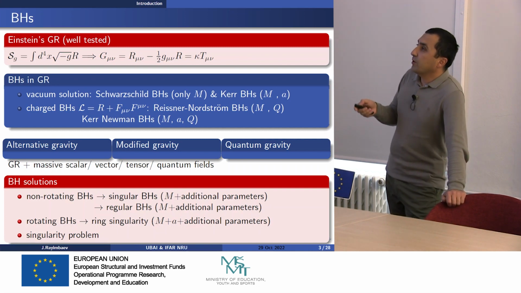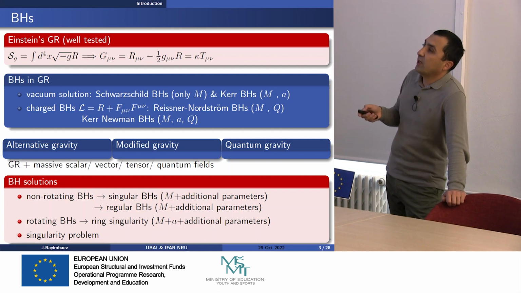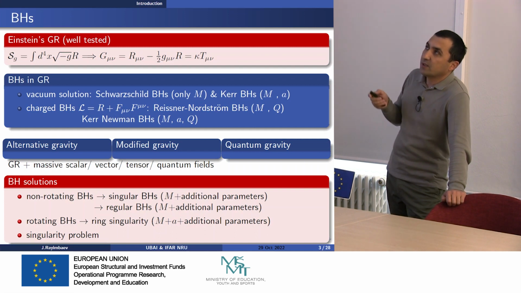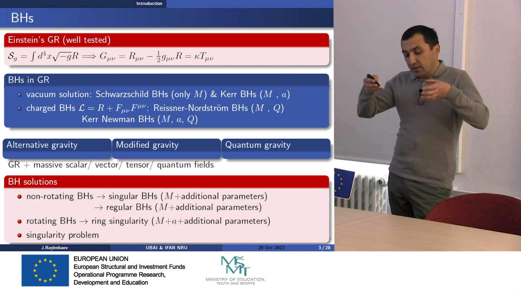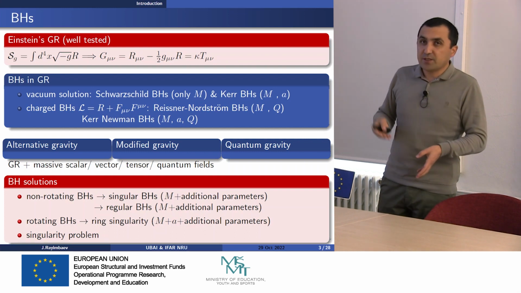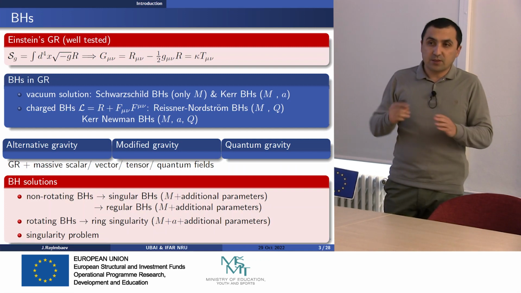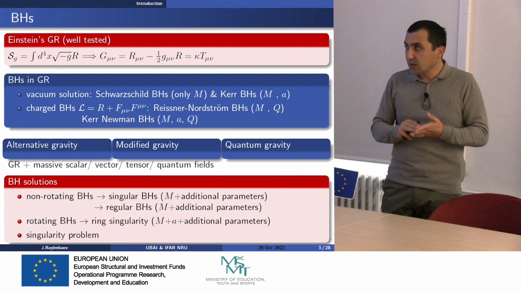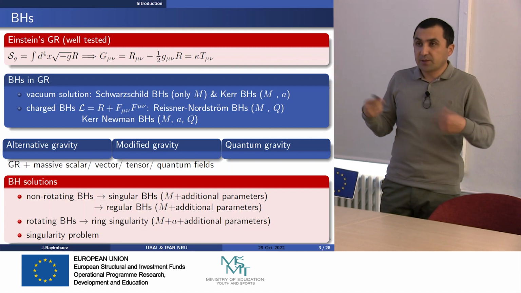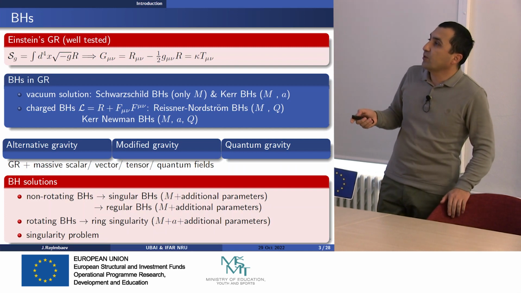From this point of view, there are two types of black holes: singular black holes and regular black holes. Singular black holes have infinite curvature at the center, and regular black holes have finite curvature at the center.